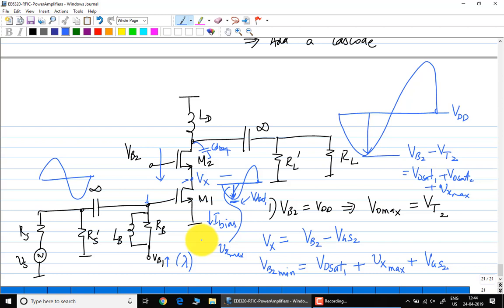If you take an HBT, it will be in thousands, 5,000, 6,000, 7,000, 8,000. That's the kind of mobility you can get. Automatically, the gains of the PAs that you will see will be that much higher. You will see gains of 25 dB, 30 dB and so on. With CMOS, you are looking at much smaller, 15 dB, something like that, 10 dB.